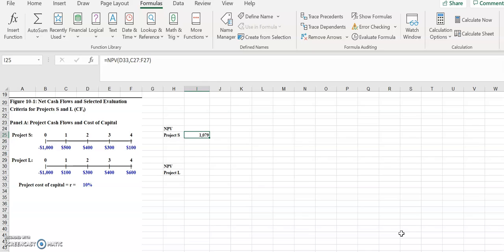One of the points with respect to Excel is that to calculate the NPV, after we make this calculation, we need to ensure that we deduct the original cash outlay, which is $1,000.